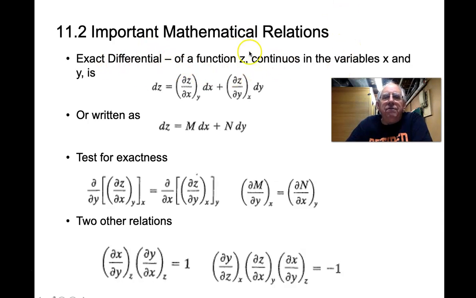And if that function itself is an exact differential, we then can say that dz is equal to the partial of z with respect to the first independent property, holding the second independent property constant, dx, plus the partial of the z function with respect to the second independent property, y, holding the first independent property constant, dy.